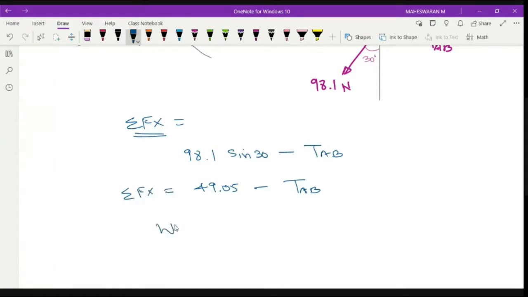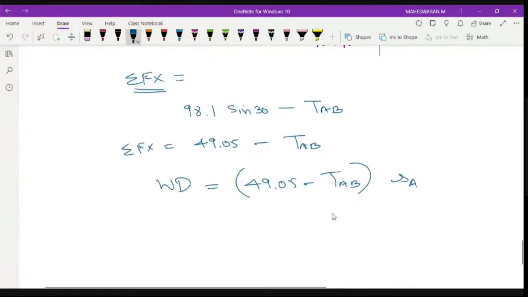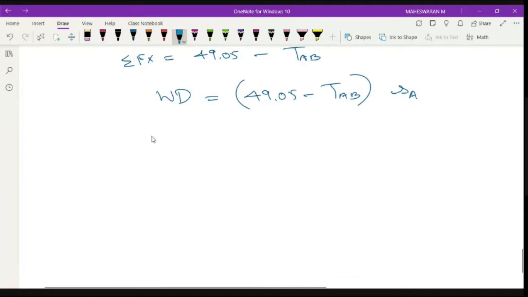Now I can identify my work done. Work done is 49.05 minus TAB into your distance. Distance is SA. So I will directly equate. You know that work done is equal to energy. Energy we have only kinetic energy.